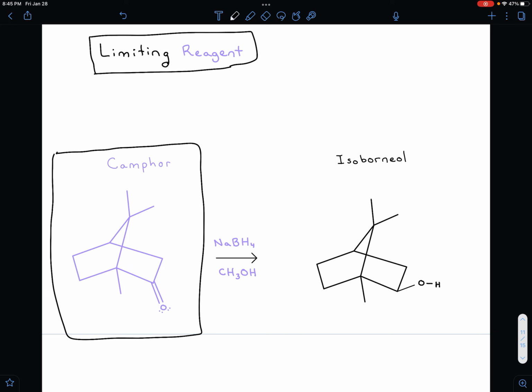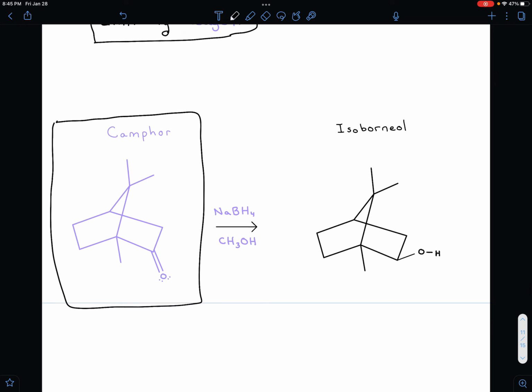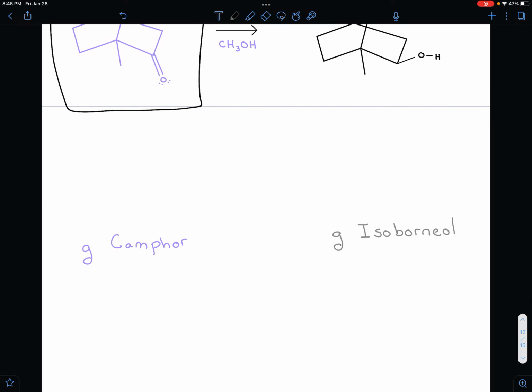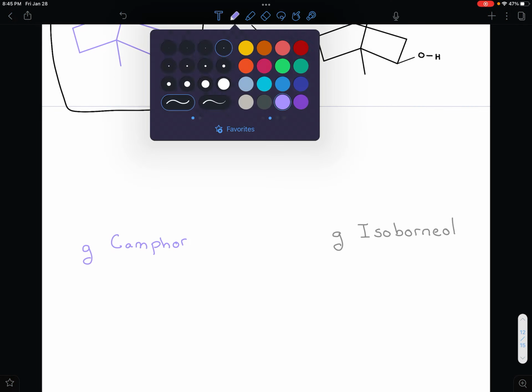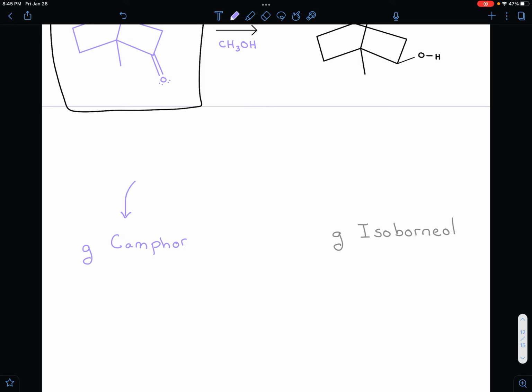In order to calculate how much isoborneol we could theoretically make, we have to start with how much camphor we used. You would have measured that in step 15 of this experiment. So look at your grams of camphor from step 15 of this experiment.